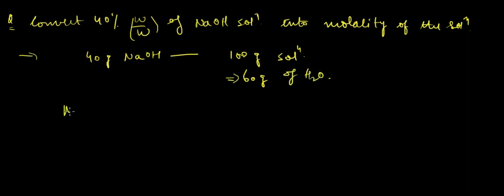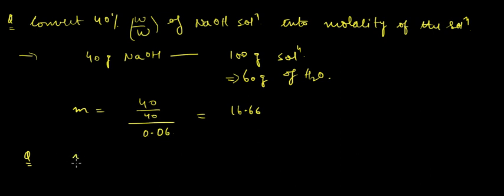So molality, small m, would be number of moles of NaOH over weight of solvent, which is 0.06 in kgs, so that would be 16.66.